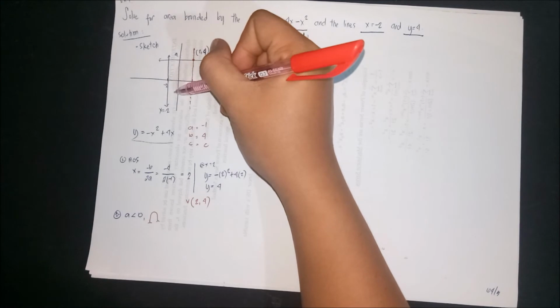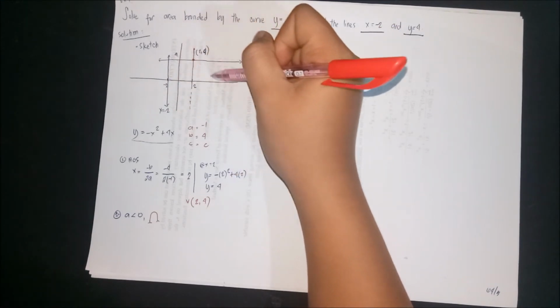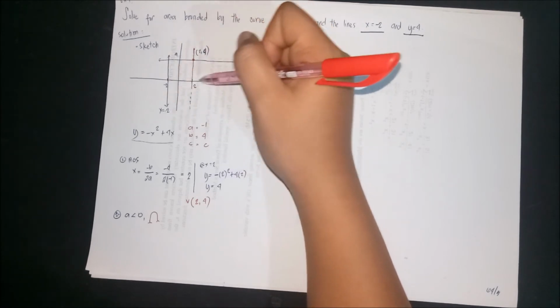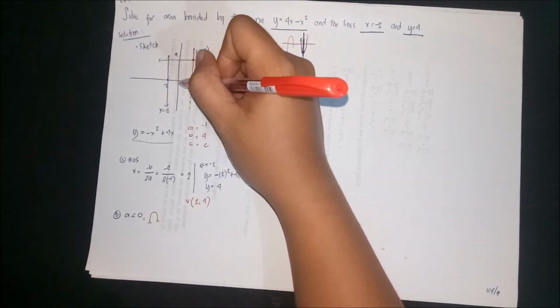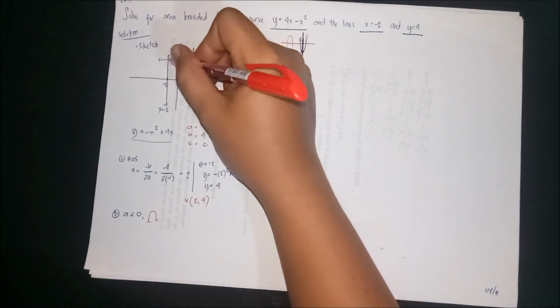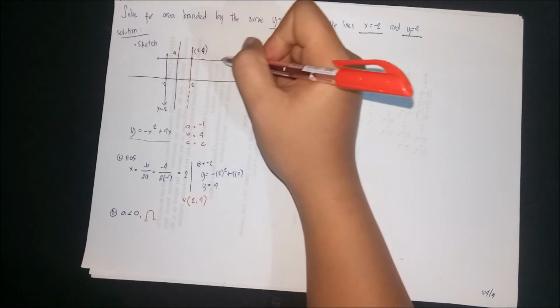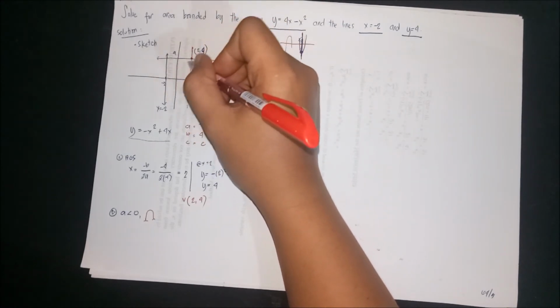Yeah, so more or less, alam natin na pag ganito palang itsura ng ating graph. Tapos class, hanapin din natin at x is equal to 2. Okay? So, the area bounded by the curve. Ito.